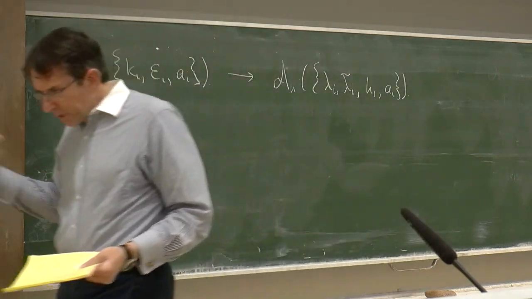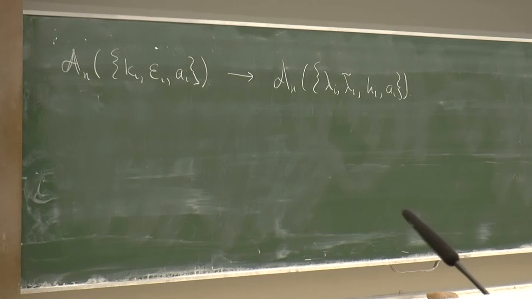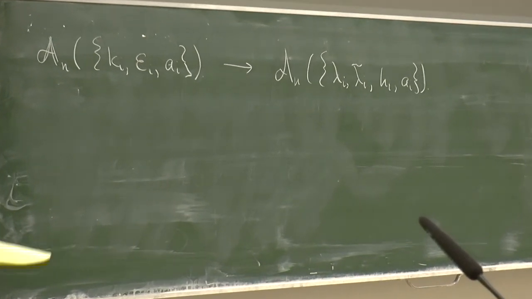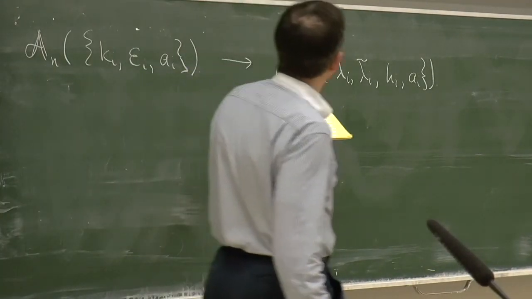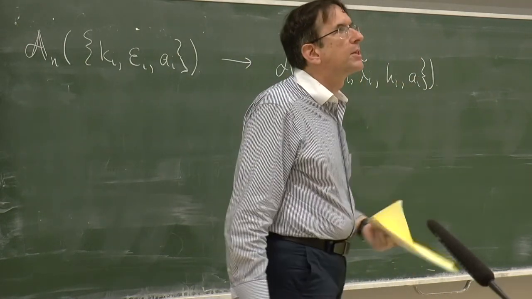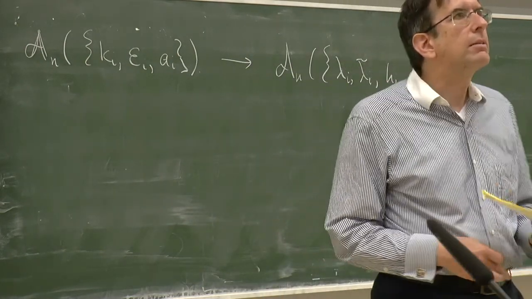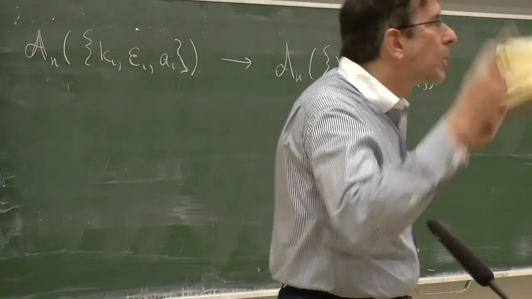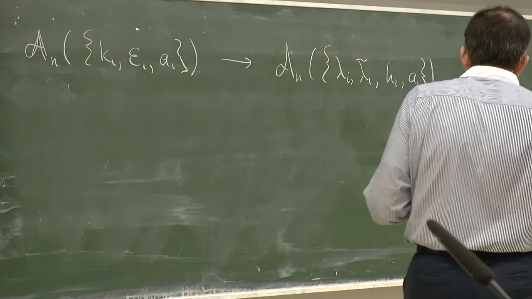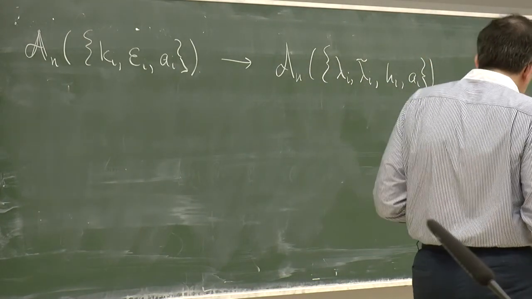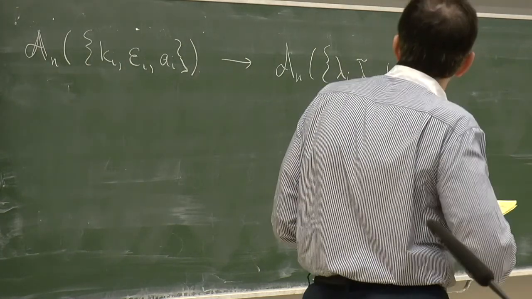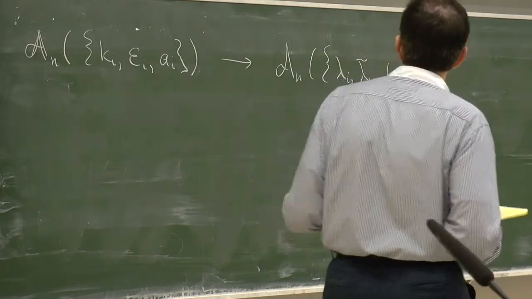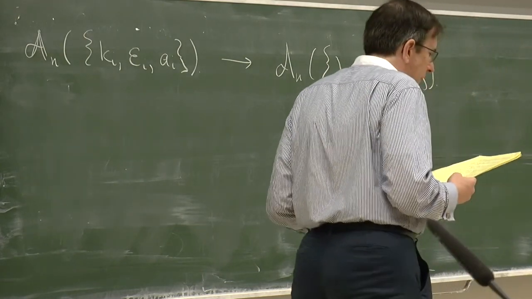So at tree level, you really should be thinking of these amplitudes as rational functions of the spinor variables themselves. These spinor variables are traveling over the two-dimensional complex space, actually complex projective space, but never mind that.